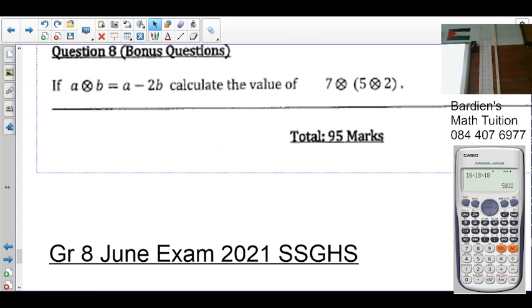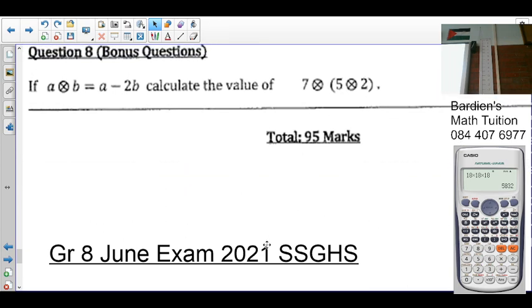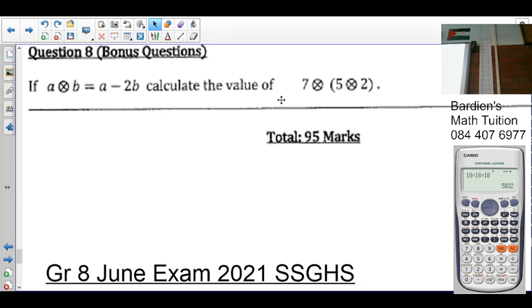Right, people. Bonus time. If A some mathematical operation B, think about it, some mathematical operation that you place between A and B, translates as A minus double B. Okay? According to this, it says calculate the value of.